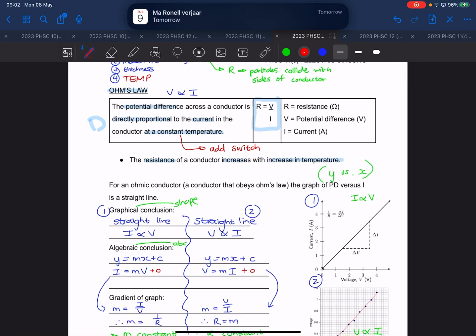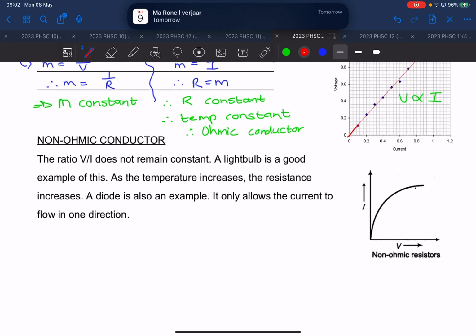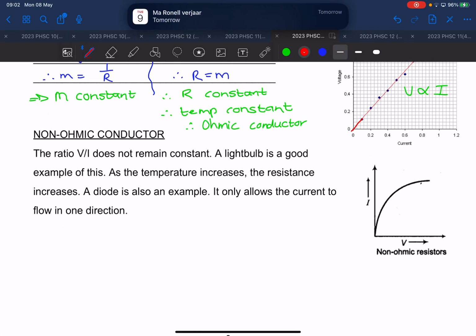Alright. Now, if we get an ohmic conductor, then obviously we get a non-ohmic conductor. Something that does not obey Ohm's law. A non-ohmic conductor is one where the ratio, either 1 over R or R, does not remain constant. Okay, and we have lots of examples of that.